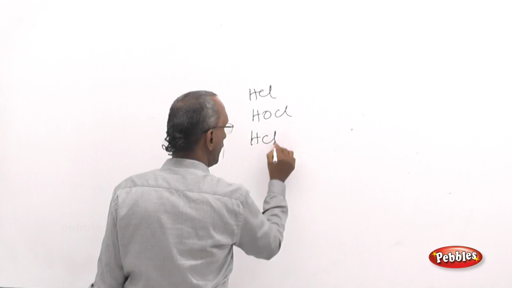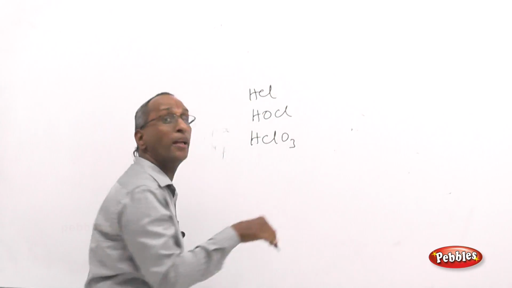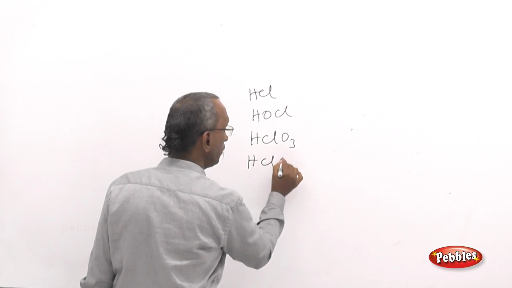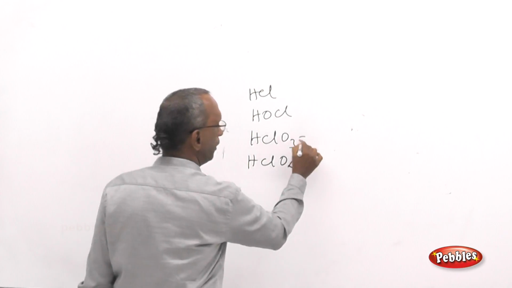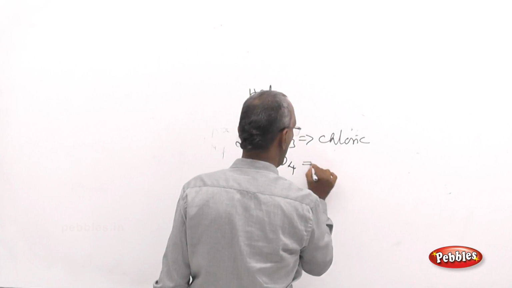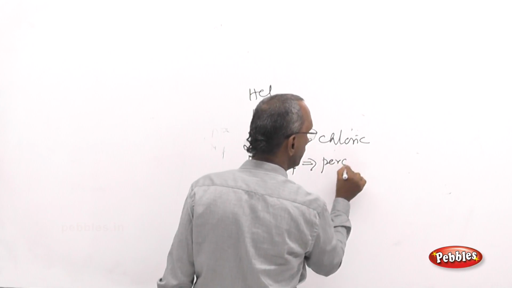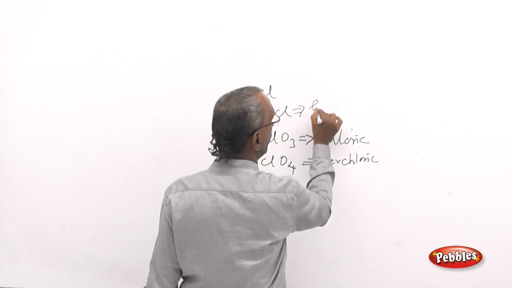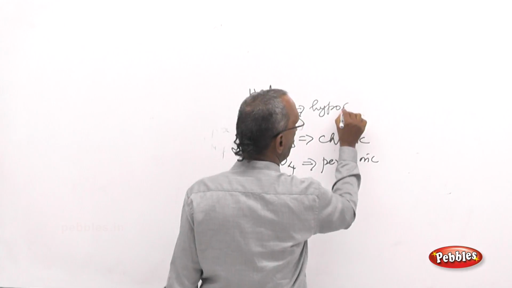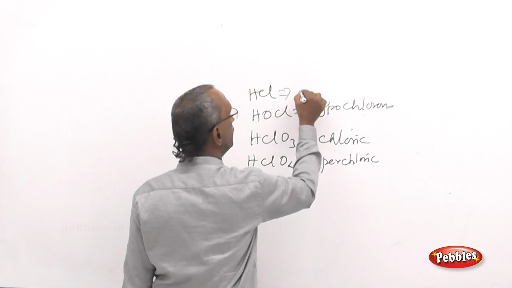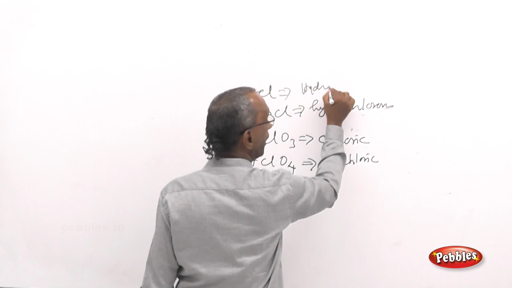HClO3, chloric acid. HClO4, perchloric acid. So you have to be careful about the spelling. All are acids.